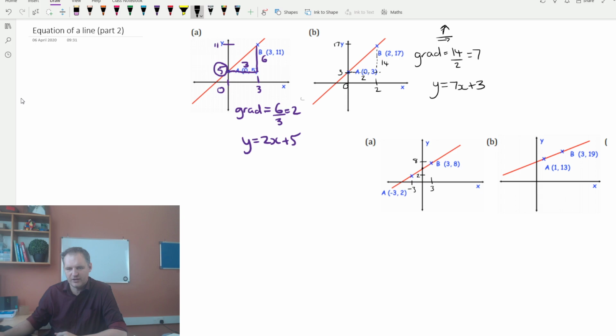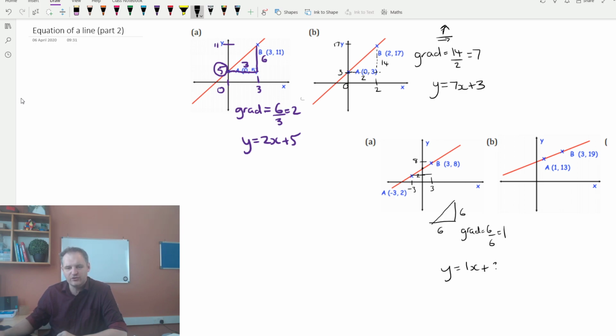So I think it's going to go along 6 and up 6. So the first thing we've got is if it's along 6, up 6, the gradient is 6 over 6, which is 1. Hopefully you're all clear why the gradient is 1. So we know it's y equals 1x plus something.